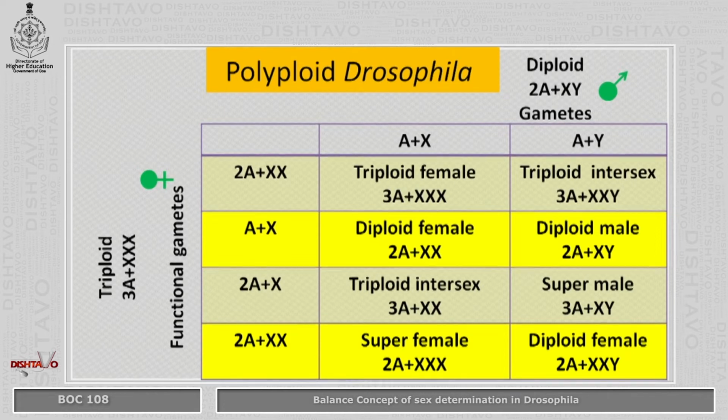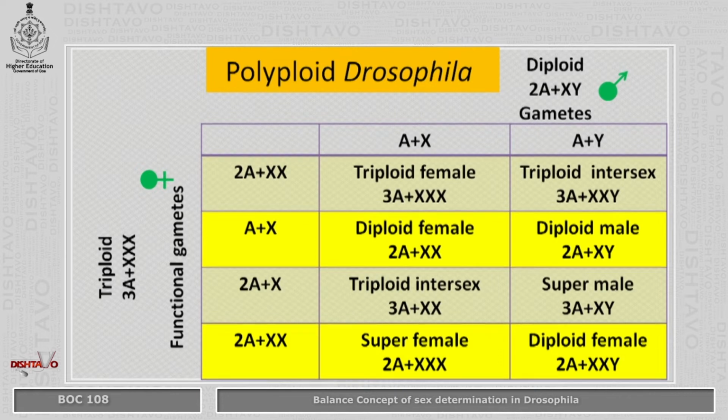When the same female with gametes having 2 autosomes and 1 X chromosome is crossed with a diploid male having the gametes 1 autosome and a Y chromosome, the resulting offspring would be a super male because it would have 3 autosomes and 1 X and 1 Y chromosome.